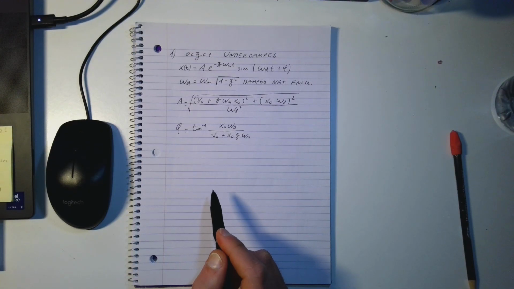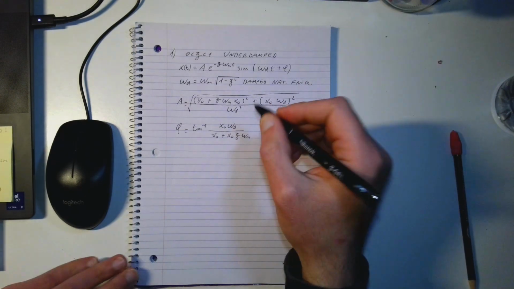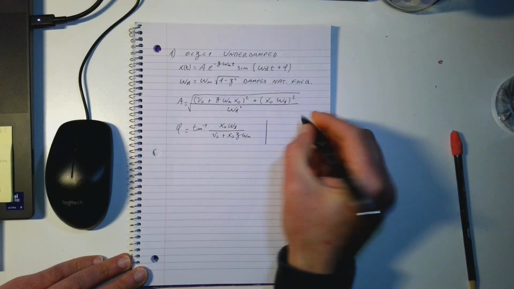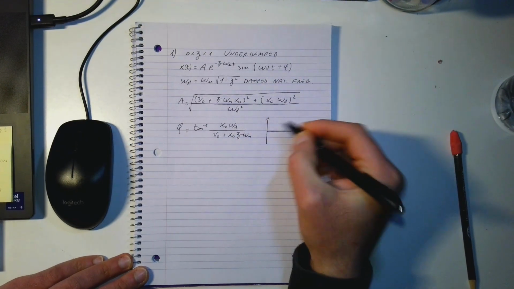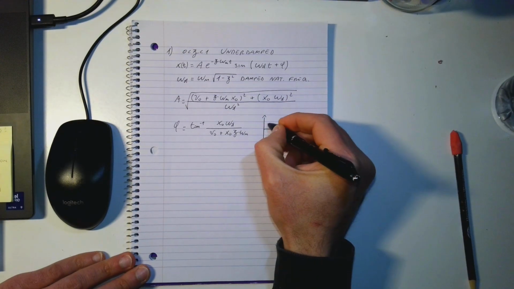We said that in this case the motion is also an oscillatory motion. So if we do, even in this case, a qualitative plot, this is how it looks.